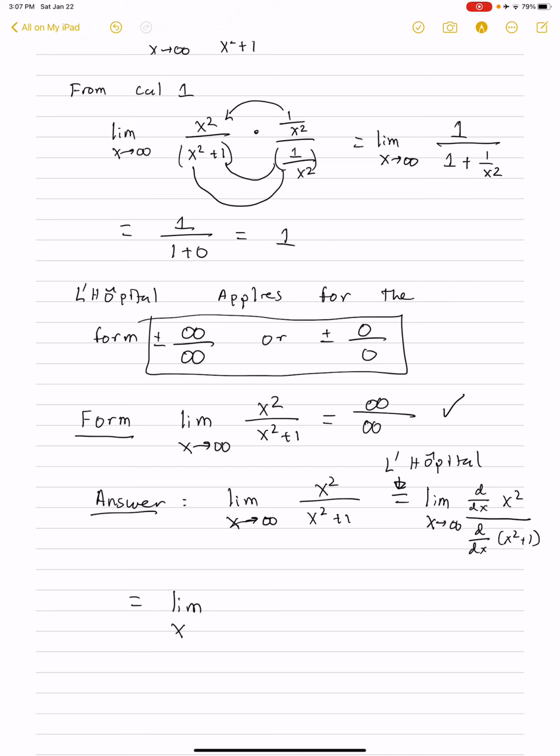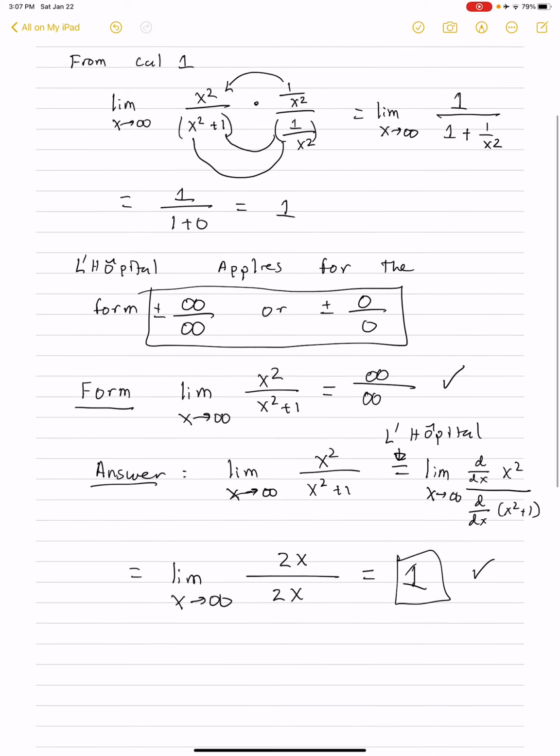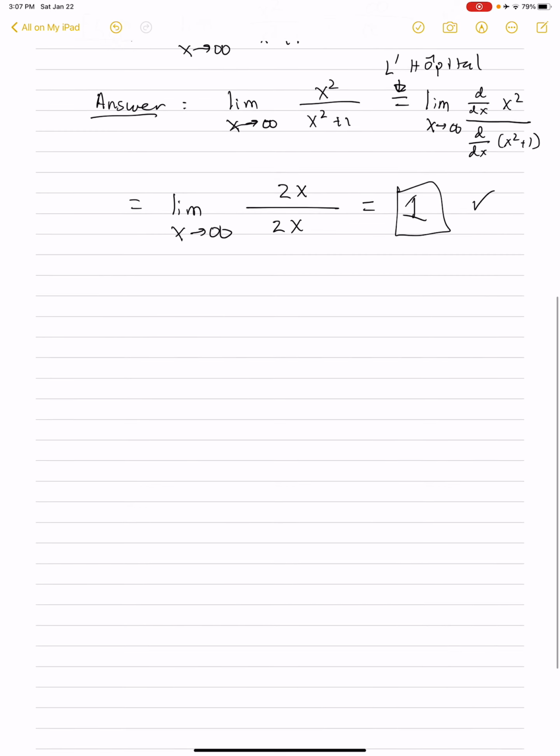If we go ahead and do that, hey, derivative of the top is 2x, derivative of the bottom is also 2x, and this is going to be 1. Okay? And that's exactly the same answer we got before. L'Hopital's rule, in a sense, is comparing the rates that the numerator and denominator go to infinity. Okay. Let's try another example.